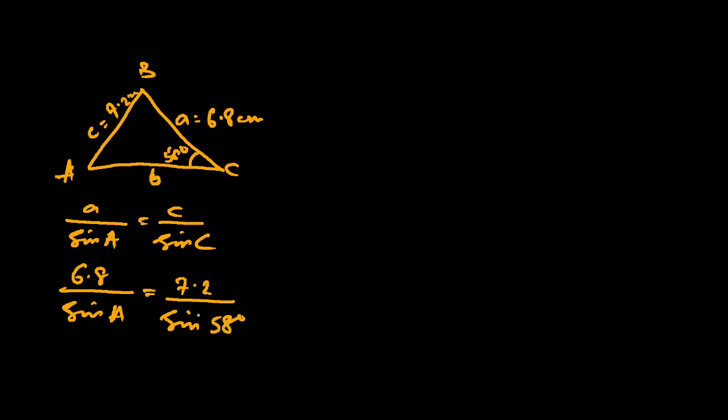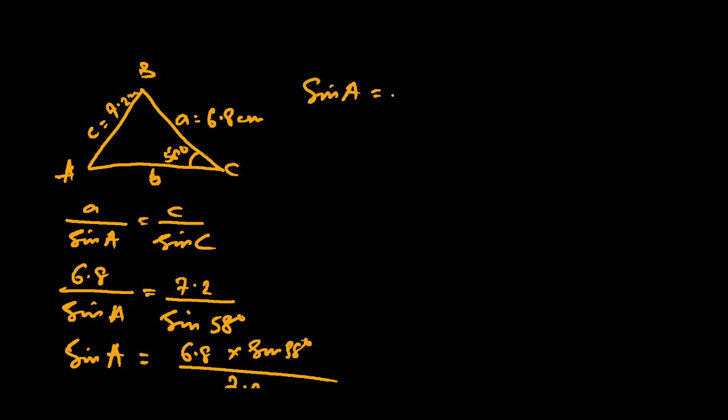So if I make cross multiplication, I will have that sine of A is equal to 6.8 multiplied by sine of 58 divided by 7.2, which is C. So we have that sine A is equal to, press a calculator, that will give us 0.8009.